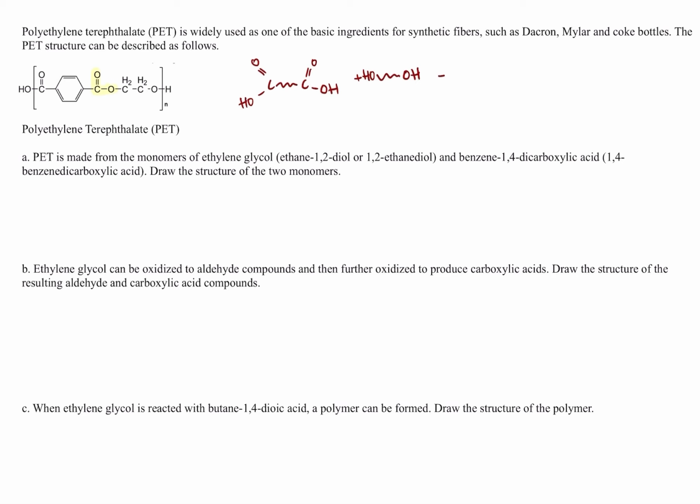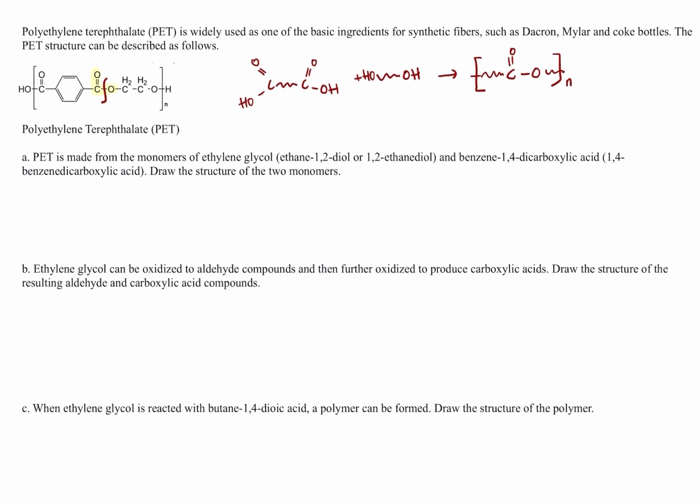So that we will end up with a monomer, something like this, in which these will be forming the ester group, something like this. So basically, we want to break that down. So from the structure, we can divide this into two parts. So this is the breaking down of the ester.